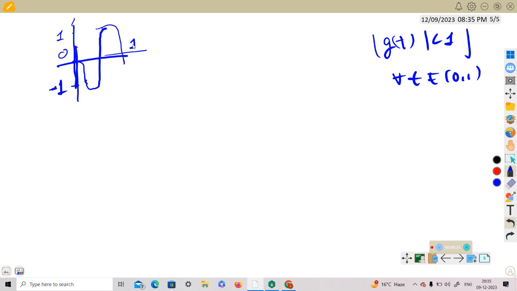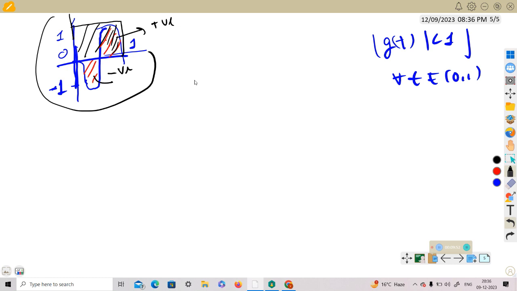This could be another possibility. But again, these areas will cancel each other. It can never be equal to 1, because this part will be negative and this part positive, so it will make the total less. So it cannot be equal to 1.